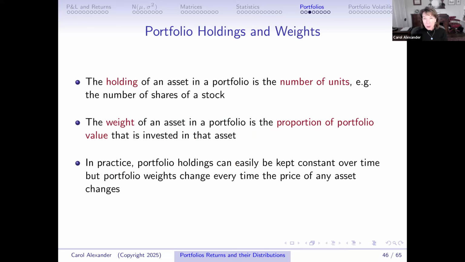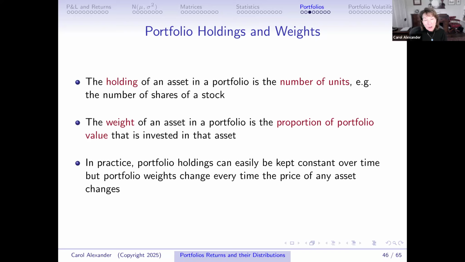Okay, so the holding of an asset in a portfolio is just the number of units, the number of shares of a stock, or the number of bonds that you hold. But the weight is the proportion of the portfolio value that is invested in that asset. Now, in practice, it's very easy not to rebalance the portfolio at all, and so the holdings are held constant.